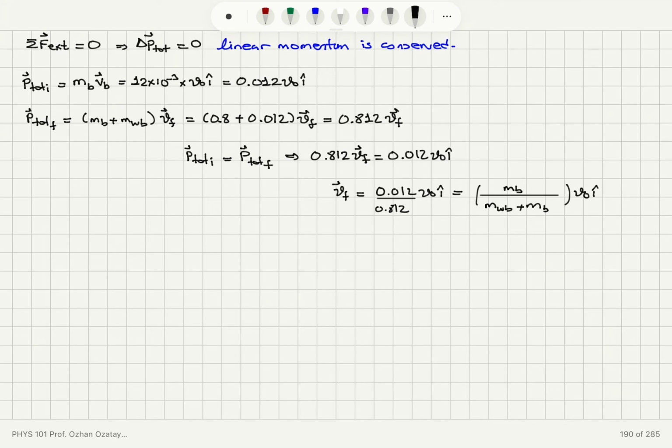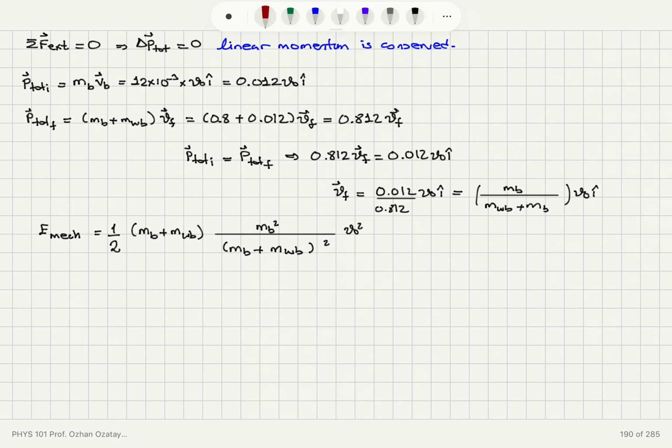Now, the total mechanical energy, E mechanical, after the collision will be 1/2 the total mass, the mass of the bullet plus the mass of the wooden block, times the final velocity squared, which is the mass of the bullet squared divided by the mass of the bullet plus the mass of the wooden block, times v0 squared.